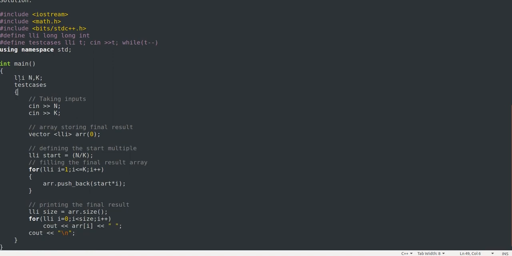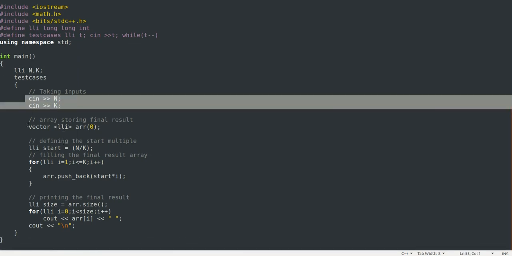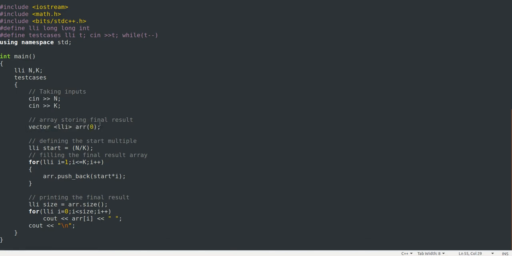We are declaring a few variables here, n and k. We are taking n and k as input, and then we are declaring the array to store the final result, that is the subset of size k. That will be stored in this array ARR, which will be our final result.